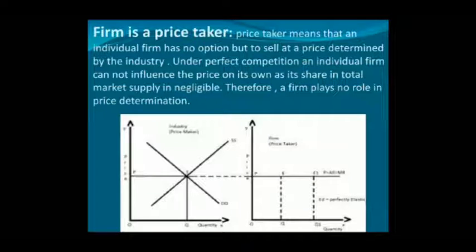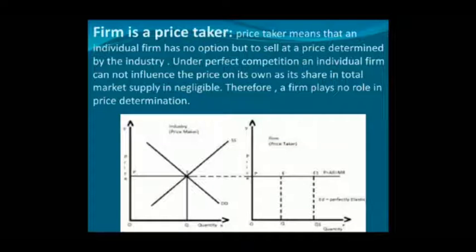In this figure, the market demand curve DD and market supply curve SS intersect at point E, at which OP price is determined. Firm is price taker, industry is price maker, in which the price is determined at the point where market demand curve intersects market supply curve.